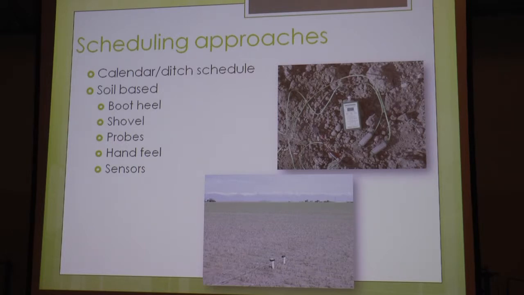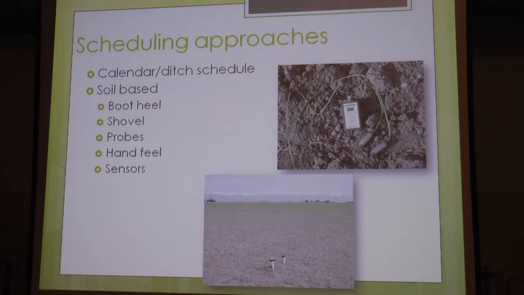We have to share water with the other people working up there, and so we have to manage around that and when we can bring water in. And there are soil-based methods, from going out there and scratching around with your shoe, which my dad is pretty good at, to a shovel or just a simple hand soil probe or even a ball probe, which is actually my preferred way of figuring out how much soil moisture I have in my fields.